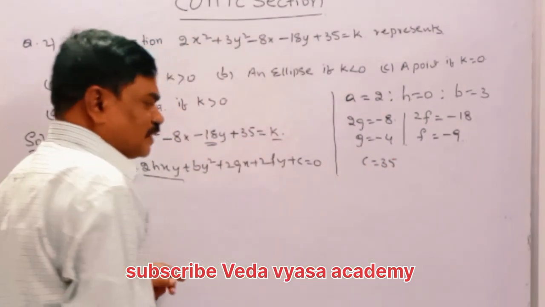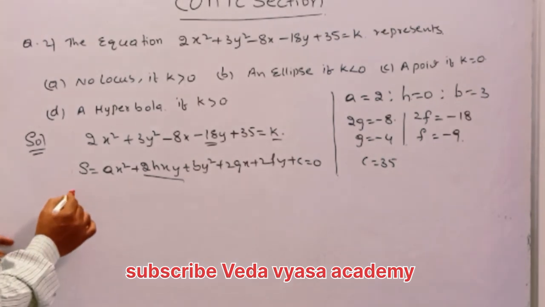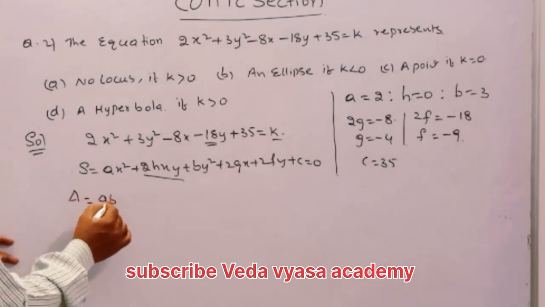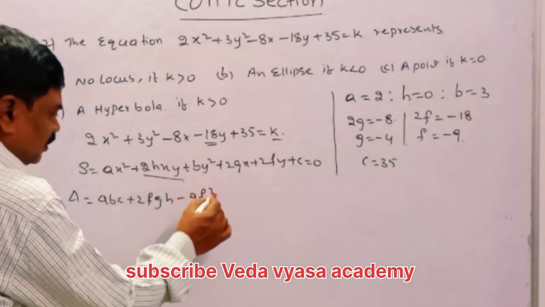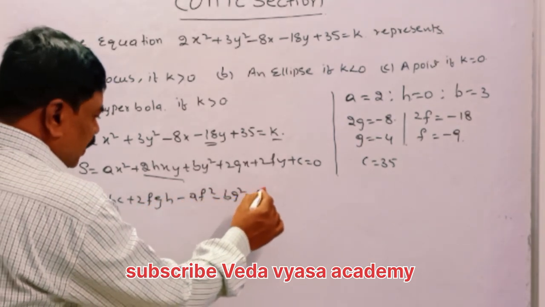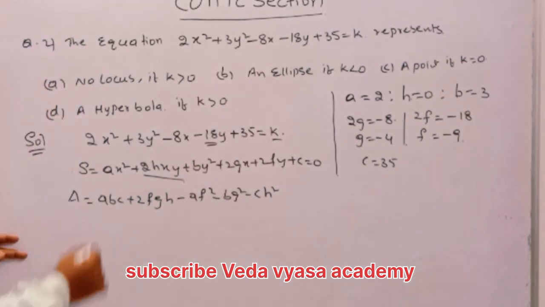Then you find the delta value first. Delta = abc + 2fgh − af² − bg² − ch².